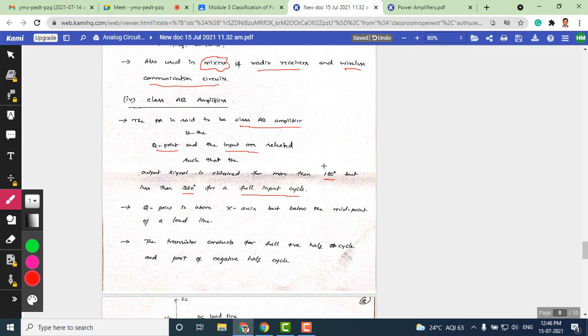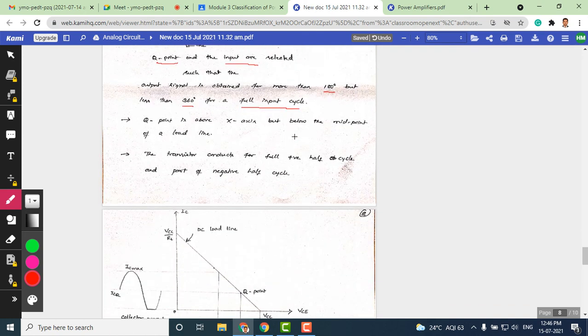The output current flows for more than 180 degree but less than 360 degree of the input cycle. Such kind of power amplifiers are called class AB power amplifiers.